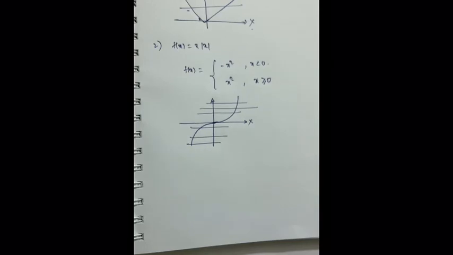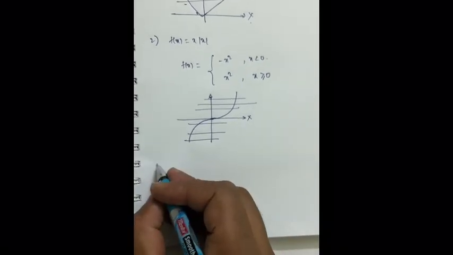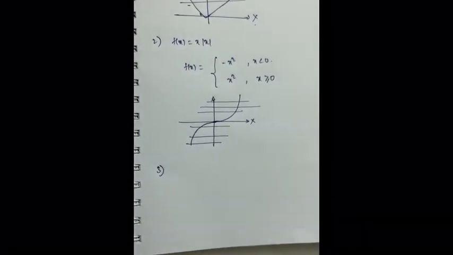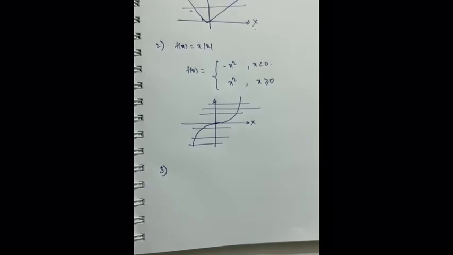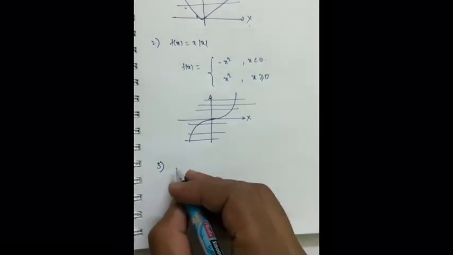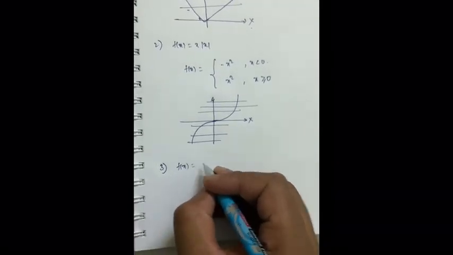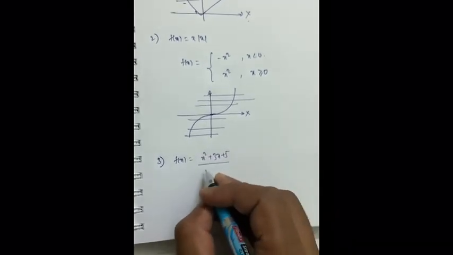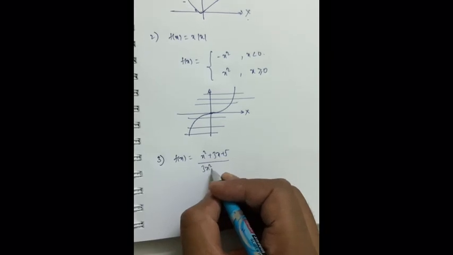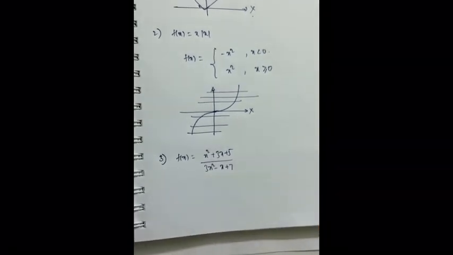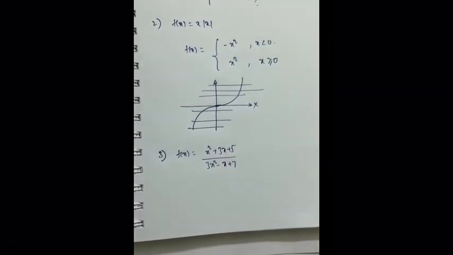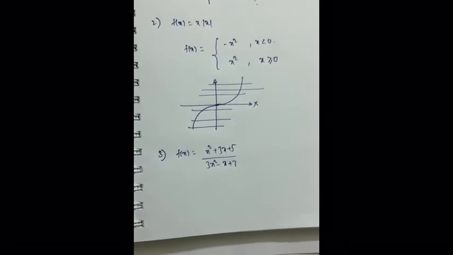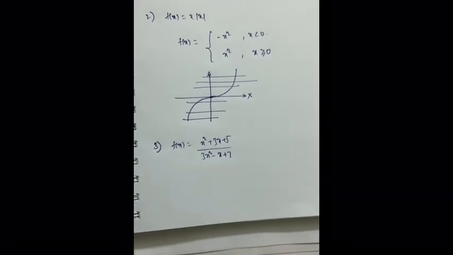Second, now if the function is complicated, we can't draw the graph. So let's say f of x is (x square plus 3x plus 5) by (3x square minus x plus 7). Now how to proceed in this case? Okay, so again remember the rules which we have.